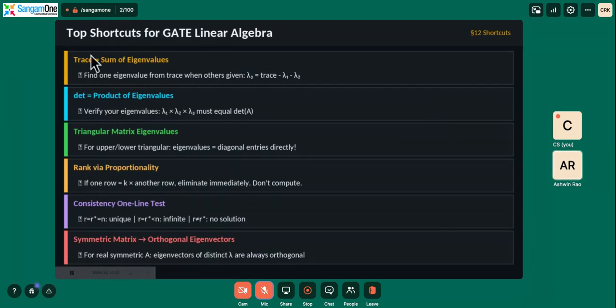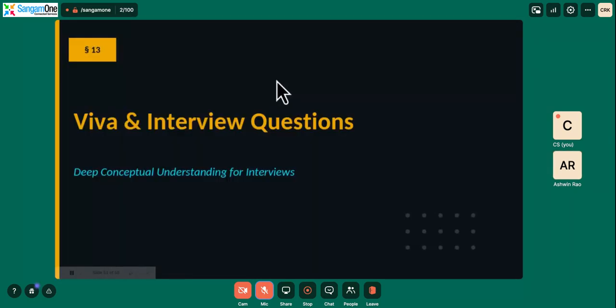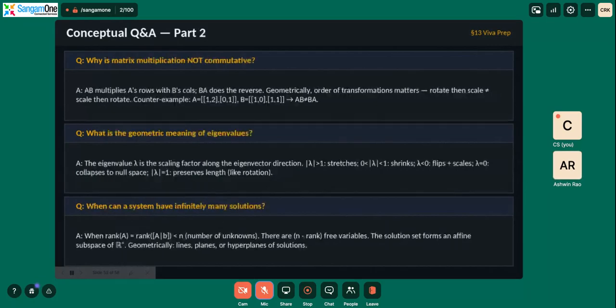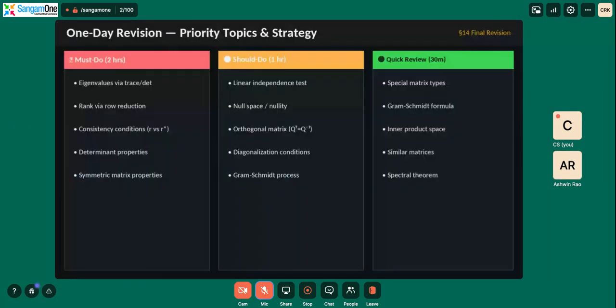These are the shortcuts. These are the common doubts if you are not able to ask. The final revision sheet. You should follow these steps to actually master this linear algebra.